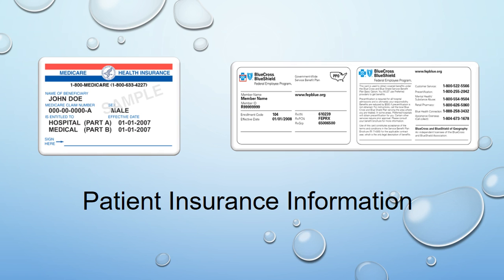Here's a copy of the typical patient insurance cards that include the very critical information, of course, the insured name, the insurance ID, any group numbers, any contact numbers for the insurance carrier, and any other specific or unique information for the insurance payer. And I've shown an example here of a Medicare card.